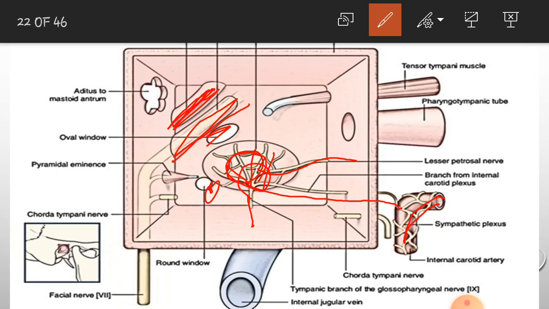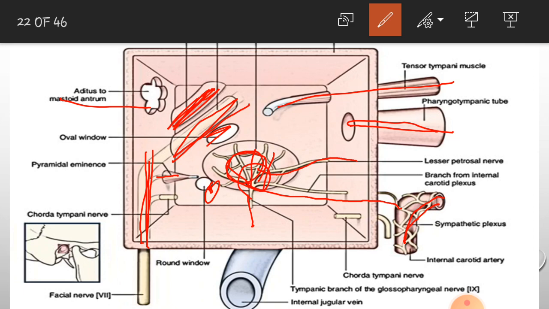Then anteriorly we see the pharyngotympanic tube, we see the tensor tympani muscle. Posteriorly we see the aditus to the mastoid antrum, we see the vertical canal for the facial nerve running vertically downwards. We see the pyramidal eminence from which arises the stapedius muscle.